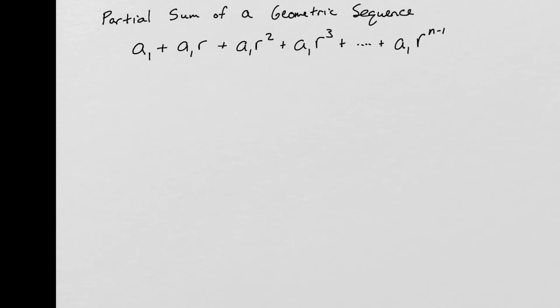Okay, so when we have a situation like that, what we want to notice is that there are, in fact, n terms. Not n minus 1. There are n terms, because on this very first term, it's essentially R to the 0. So it's kind of like we've started counting from 0.